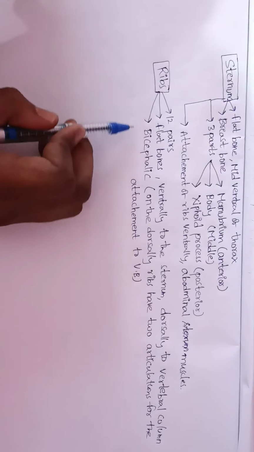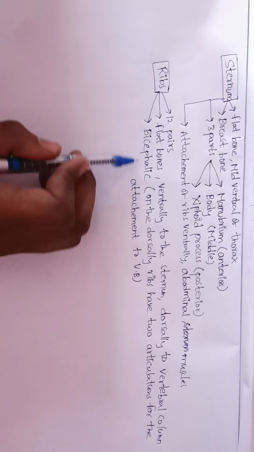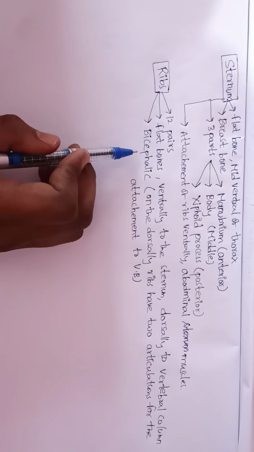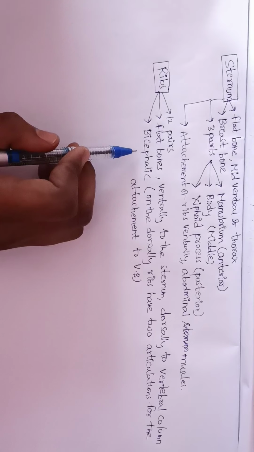Why are ribs called bicephalic? Because these ribs are attached to the vertebral column by two articulations. Hence, ribs are bicephalic.